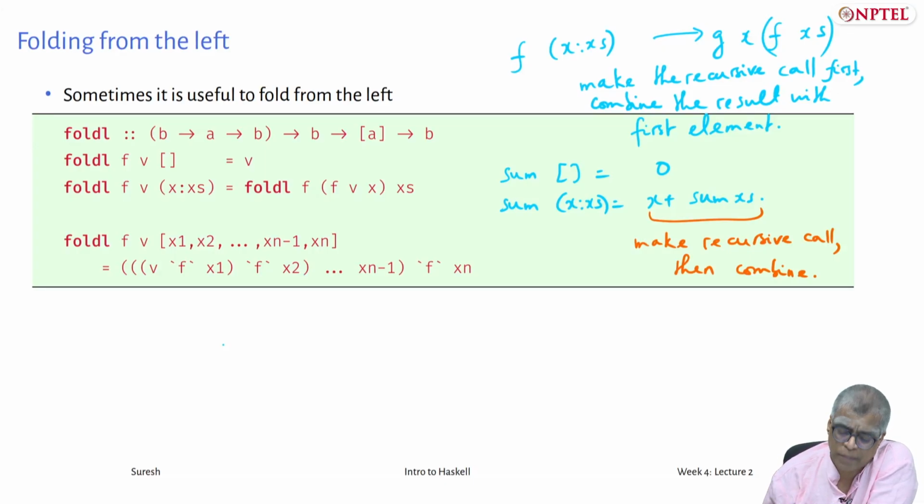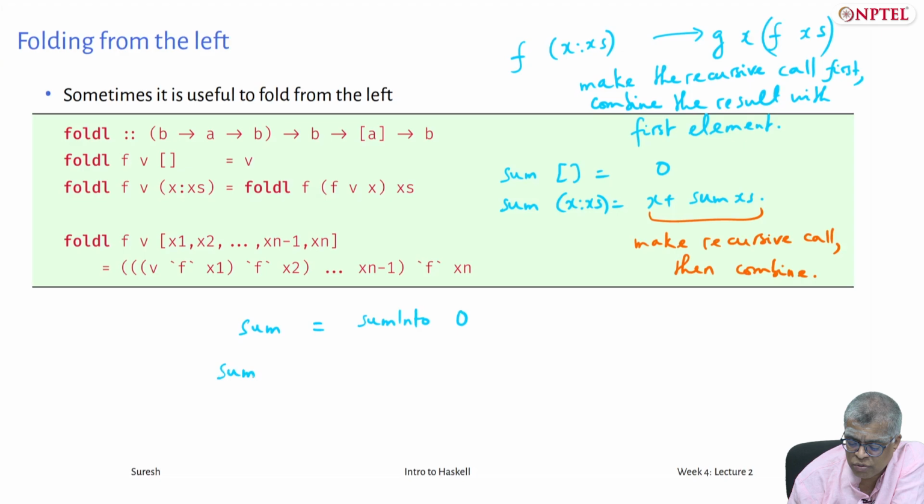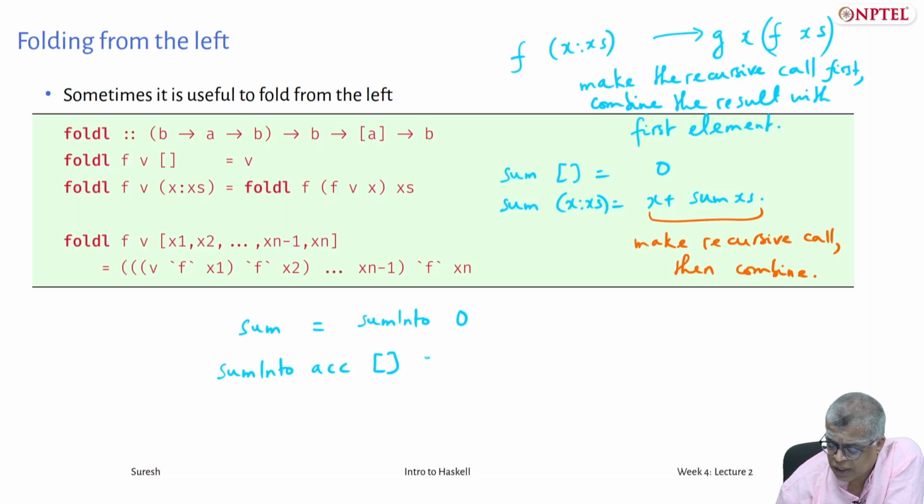There is perhaps a slightly less natural, but quite natural in many circumstances, way of computing the same thing, which is to pass an accumulator around. Sum of any list is nothing but sum into an accumulator, and you will start with the accumulator 0. And what is sum into any accumulator? If I want to sum the empty list into the accumulator, I will just return the accumulator.